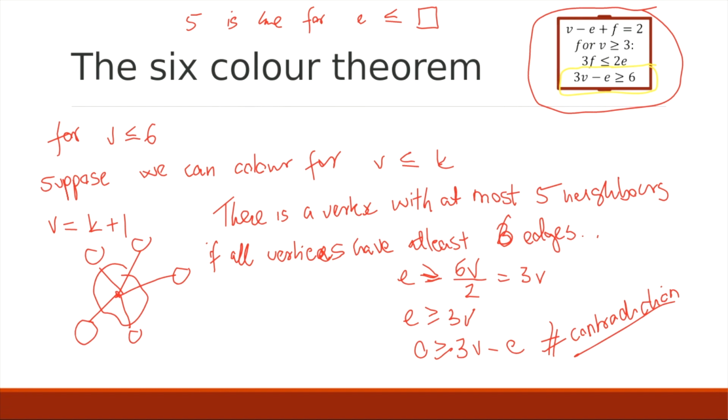Let me open a new page. So using the same argument that we used, if we want to prove that there is one vertex with at most 4 neighbors, we want to prove that it's too much to have 5 for everything.